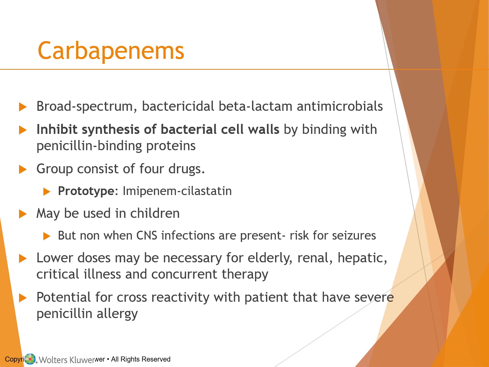Now, for the elderly, renal, hepatic, and critical illness patients, lower doses may be necessary, and also we need to pay attention to other medications that the patients are taking. Now, there is a potential, again, for cross-reactivity or cross-sensitivity with patients that have severe allergies to penicillin.